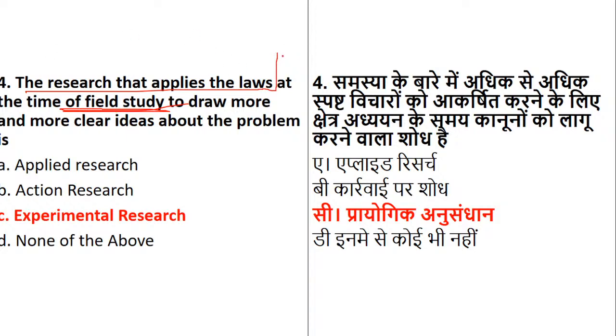Again, the same mistake you people did. The first half you came up with applied research, which is the wrong answer. It is not talking about the research that applies the laws with respect to practical application. It is talking about field study. So in field study, observation or experiment has to be conducted, which results in experimental research.